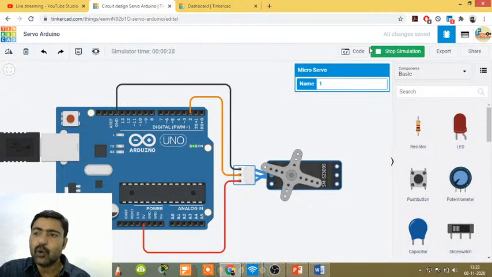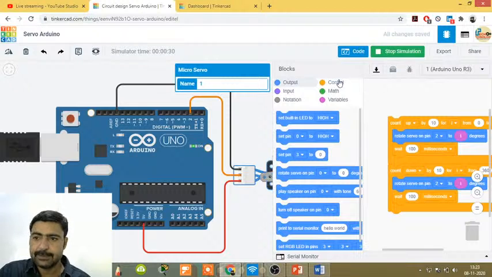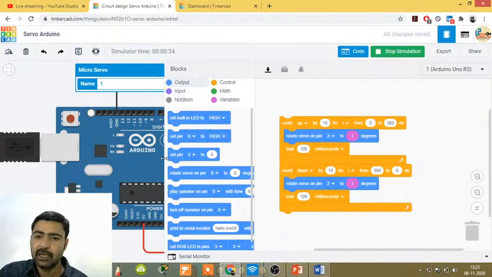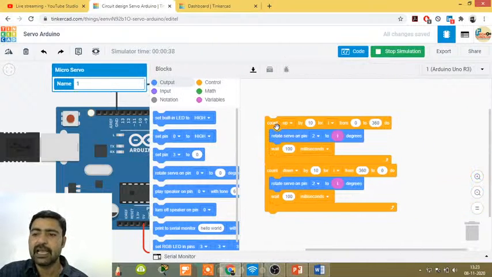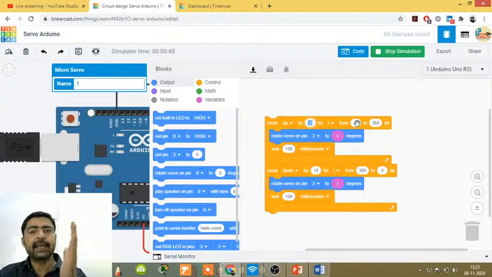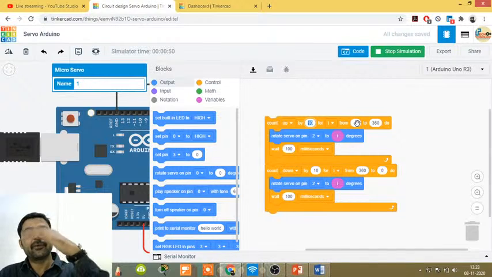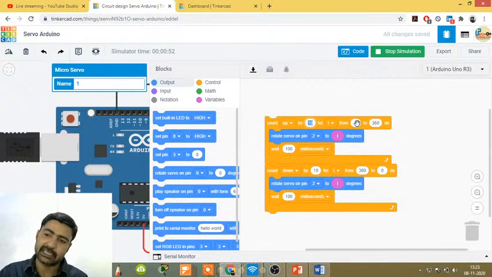Now in this project we are simply rotating a motor based on the program. As you are seeing, we have used a counter where we are increasing the value by 10, starting from 0. That means the motor will be rotating 10 degree, 10, 20, 30, 40, 50, 60 up to 360 degree.